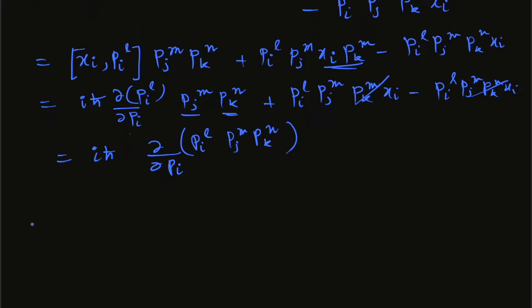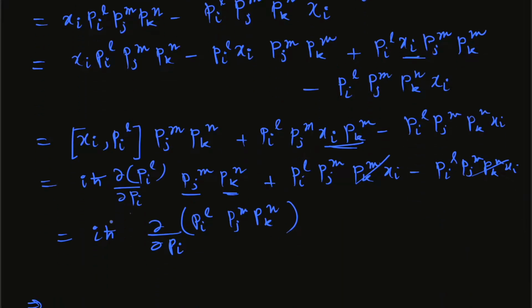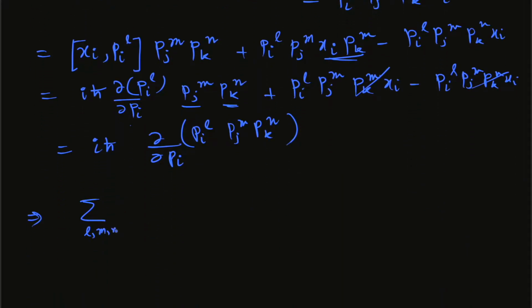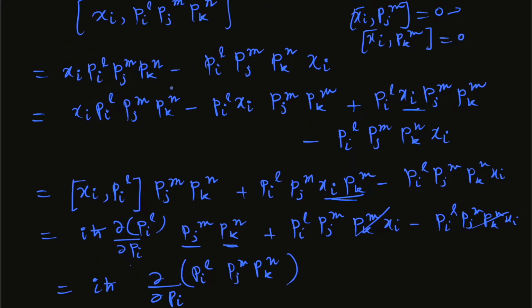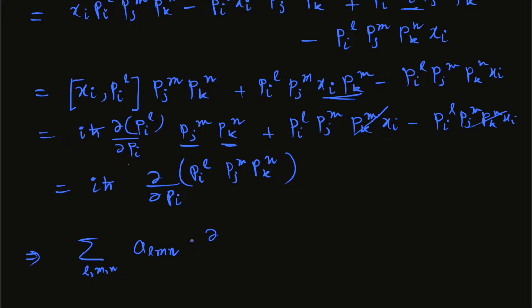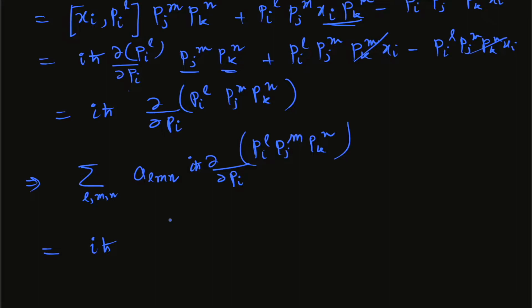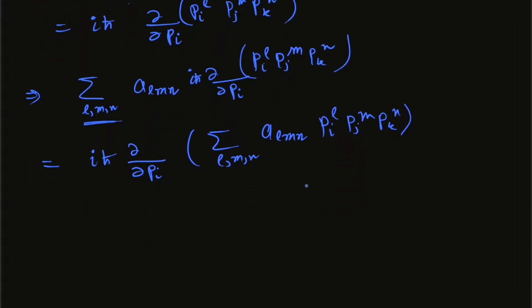So let us put in the series. We'll get the sum over l, m, n of a_lmn times iħ ∂/∂p_i of p_i^l p_j^m p_k^n. That means this will be iħ ∂/∂p_i of the sum over l, m, n of a_lmn p_i^l p_j^m p_k^n.